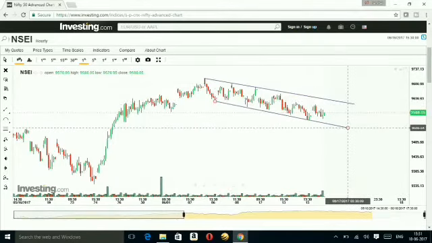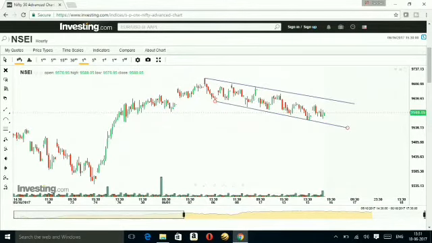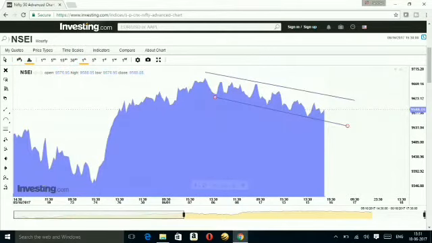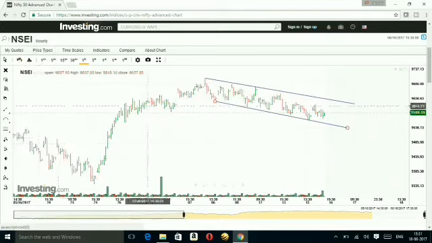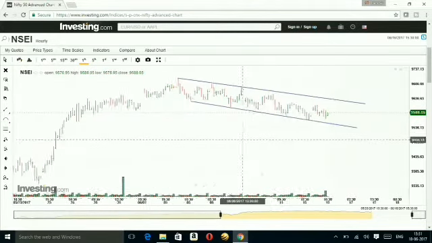So if you see, Nifty is following this trend line. These are like the bars, and Nifty is following this trend line.